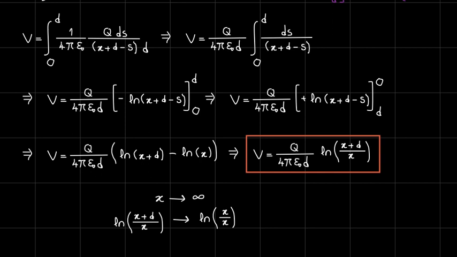So as x goes to infinity, in other words, as point A goes really far from the rod, then the potential goes to 0 as expected, because potential at infinity is equal to 0.